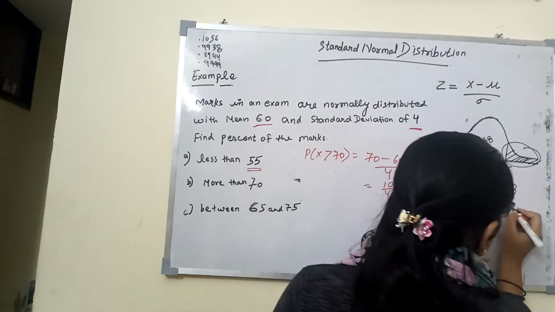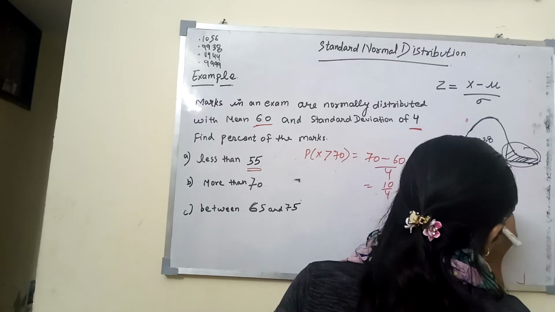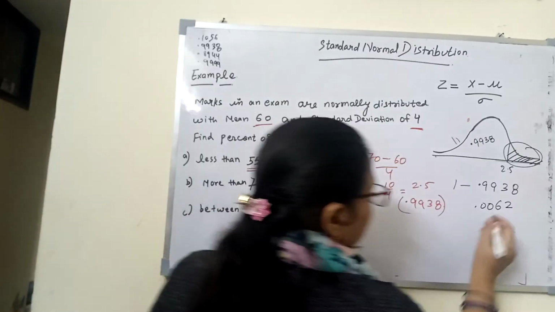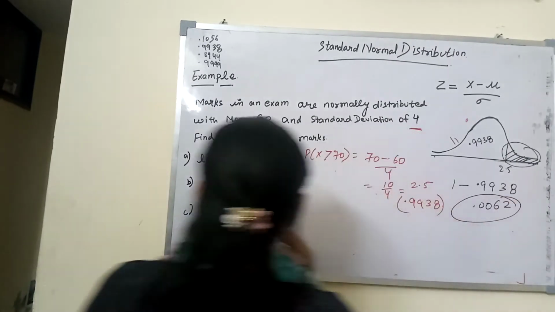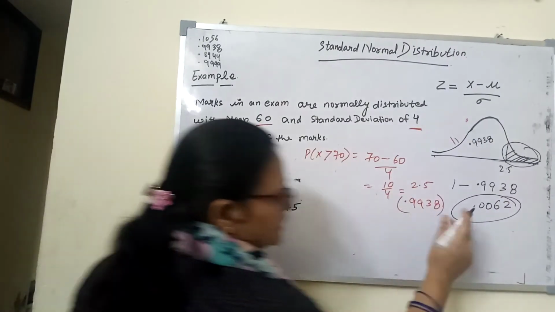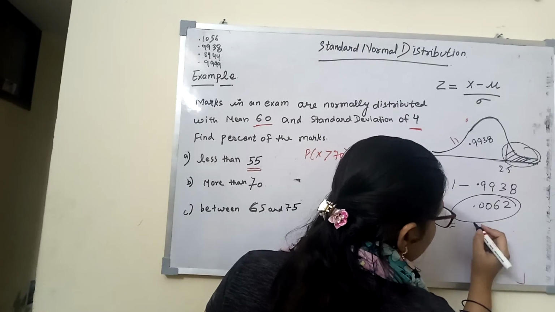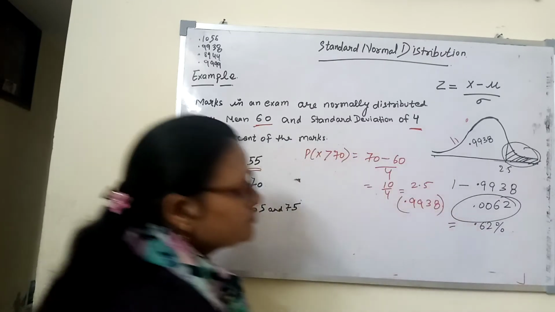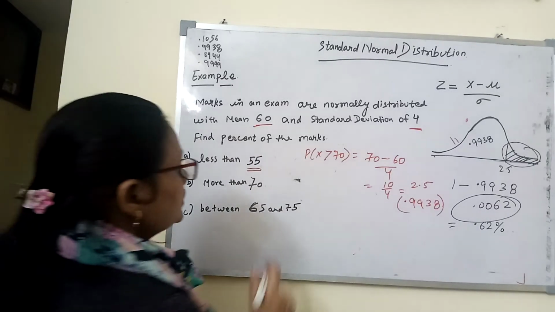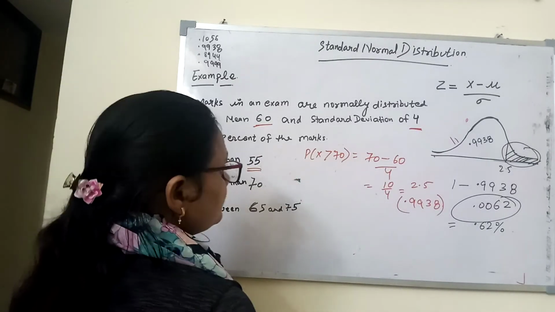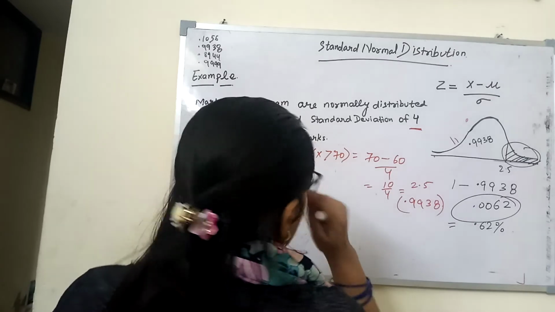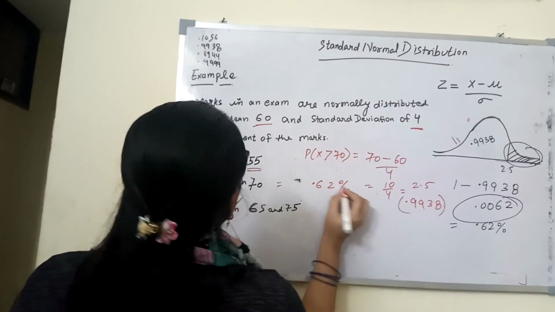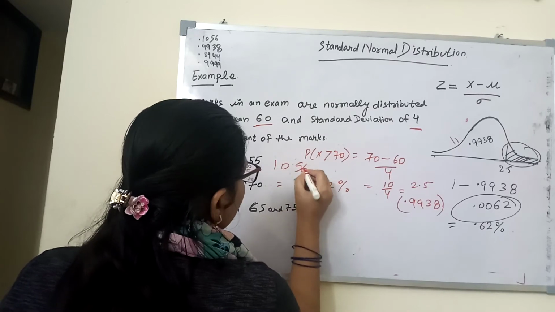What we get is 0.0062. This is the probability of more than 70, or if we convert it into percentage, we get 0.62%. So the answer for this is 0.62%, and for the previous case it is 10.56%.